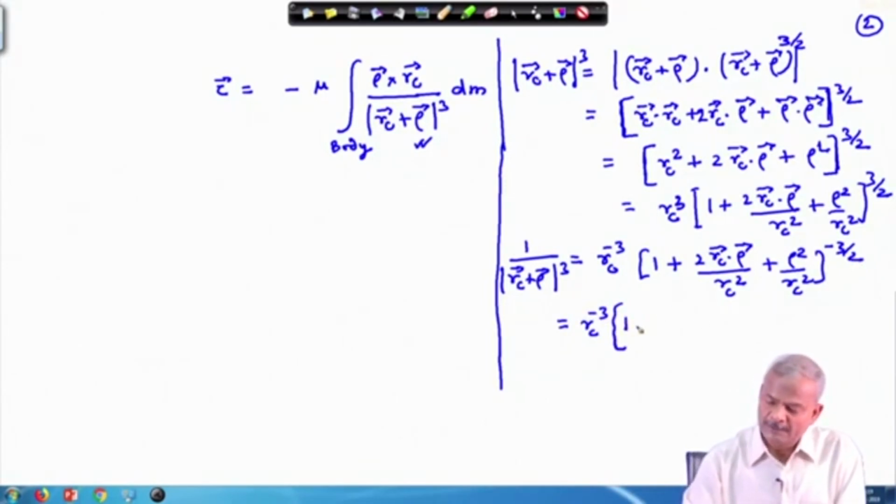If we do the binomial approximation to the first order, this will be minus 3 by 2 and then multiplied by 2, so that gets cancelled out. So, this is 1 minus 3 R c dot rho divided by R c square minus.